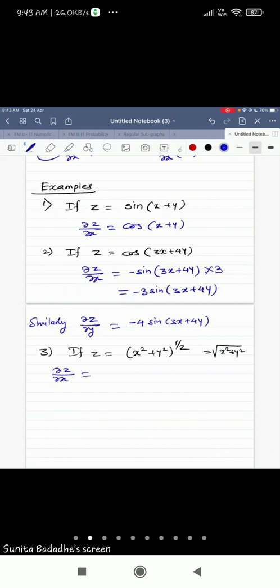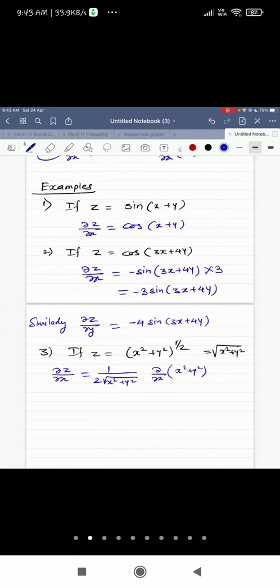It is 1 upon 2 root t, correct? Root x has derivative 1 upon 2 root x. So similarly, root of x square plus y square, its derivative will be 1 upon 2 root of x square plus y square and dabba by dabba x of x square plus y square, right?